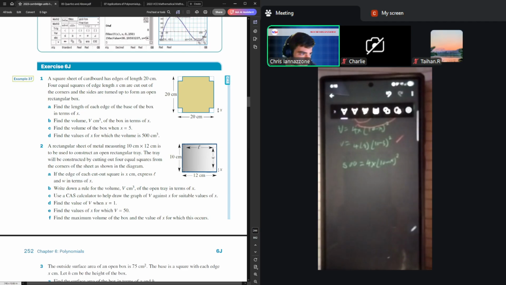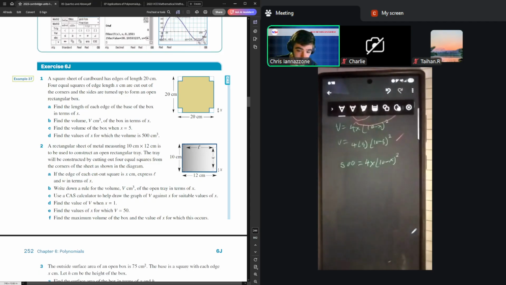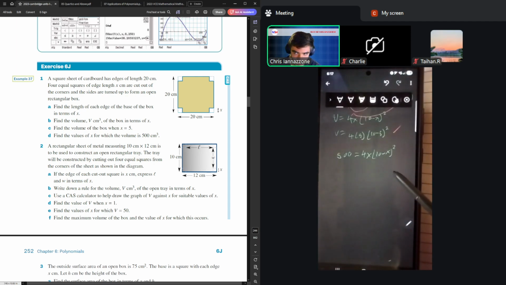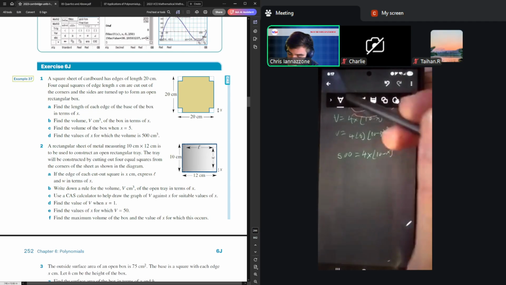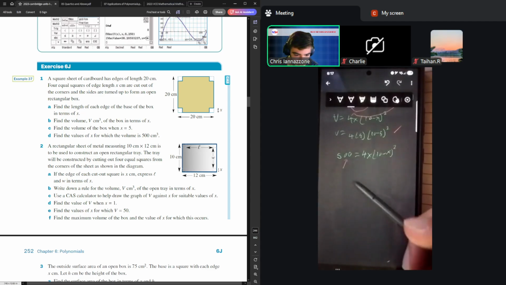If you look at the book, it says it's all CAS. So you wouldn't be doing this by hand, because if you had to, you'd have to expand everything out, bring this 500 in, and do a factor theorem to try and get it into a proper factorized form, because for null factor law, this needs to say 0, not 500.